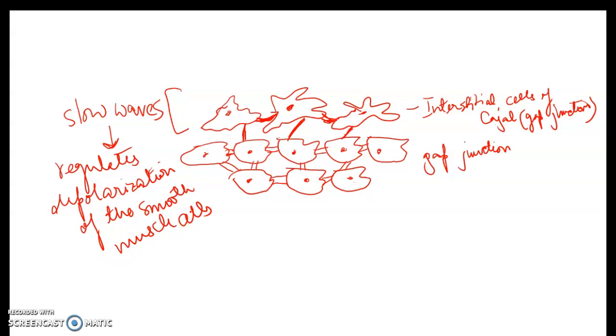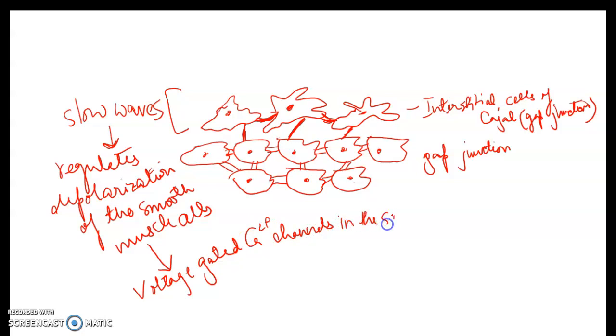And as the smooth muscle cells depolarize, that opens voltage-gated calcium channels in the smooth muscles.